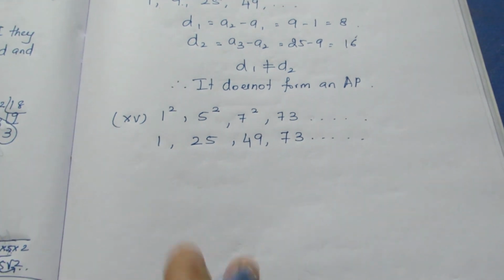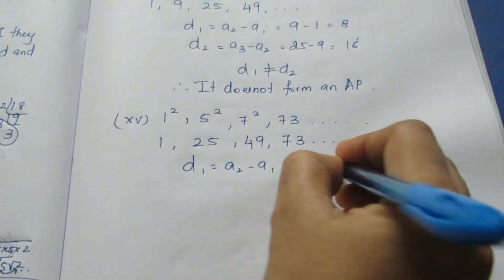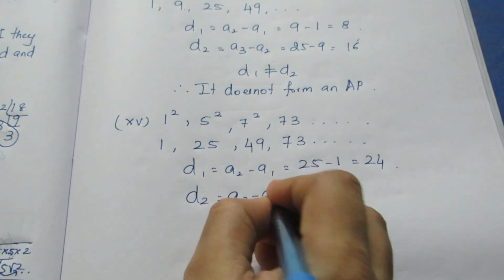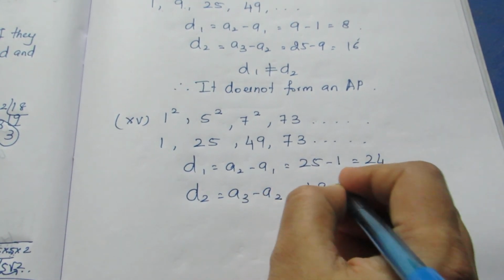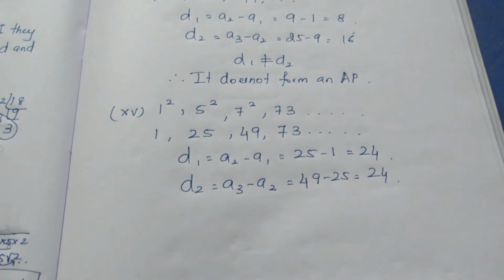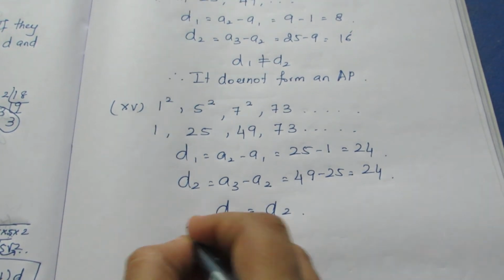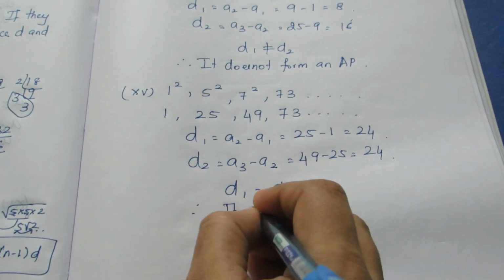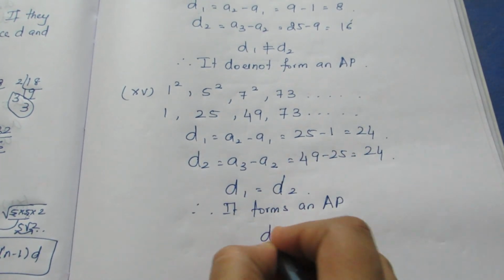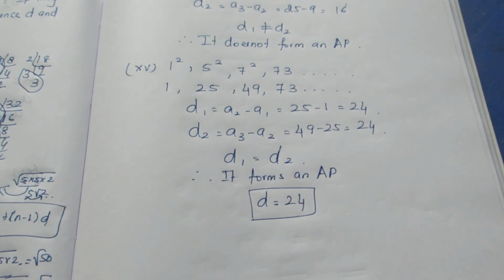We will find d1. d1 equals a2 minus a1, which is 25 minus 1 is 24. d2 equals a3 minus a2, which is 49 minus 25 is 24. So the common difference here is the same. So d1 is equal to d2. Therefore, it forms an AP, and the common difference d will be 24.